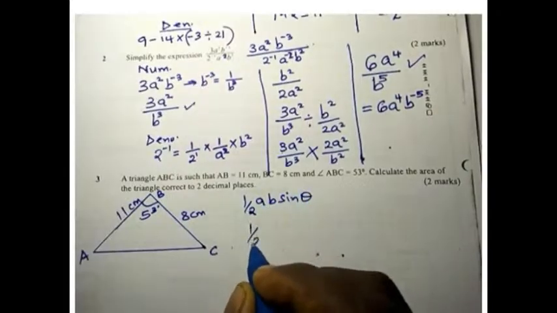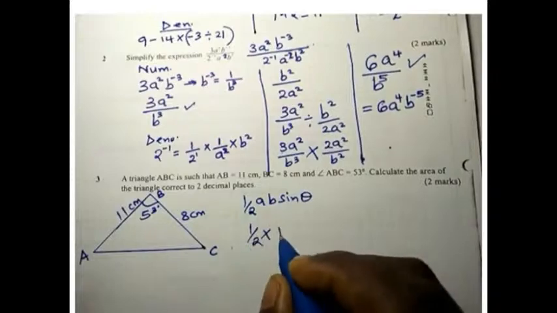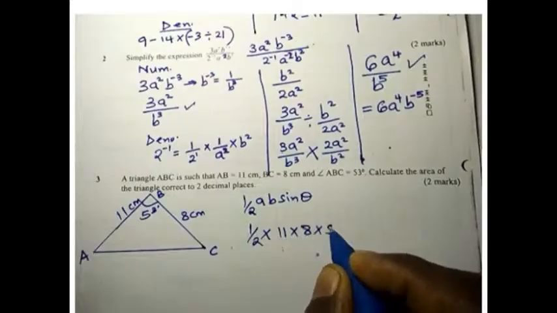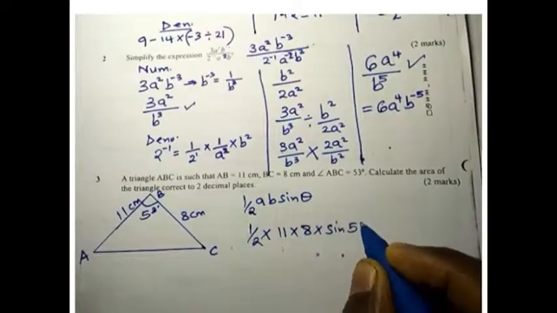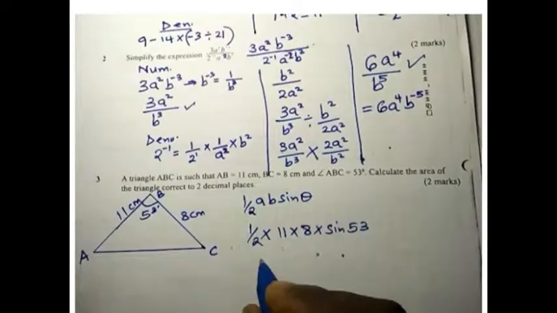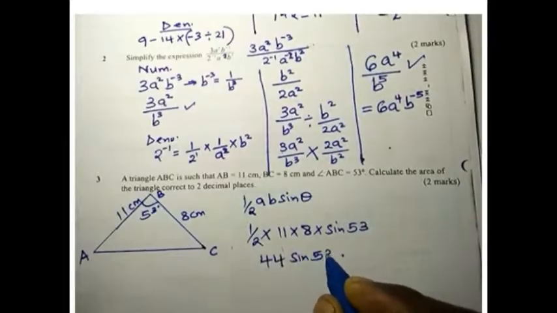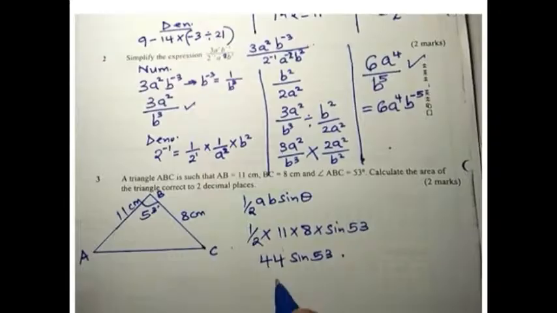Now A is this side, that's 11, times 8 times sine 53. This one is going to be 44 sine 53, and this one will give us 31.14 centimeters square to 2 decimal places.